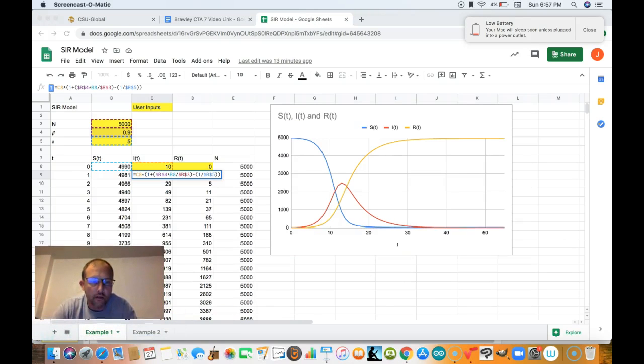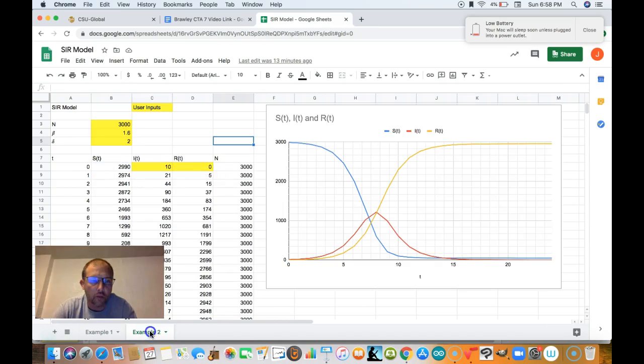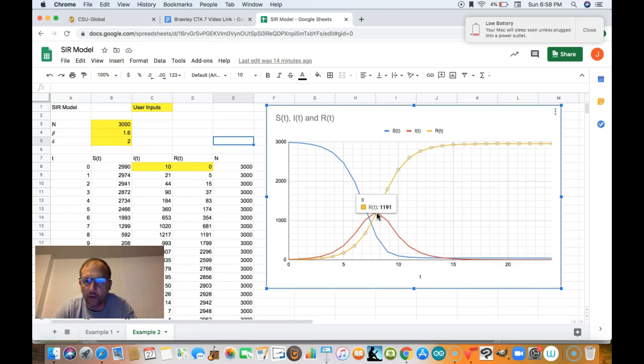For this one, when I click on the red line, it's going to be at time 8. It sort of matches where the removed are, and it's going to be 1,191 people. I'm using this dot on the yellow because it corresponds to the peak of the red, because the red did not have a dot there.